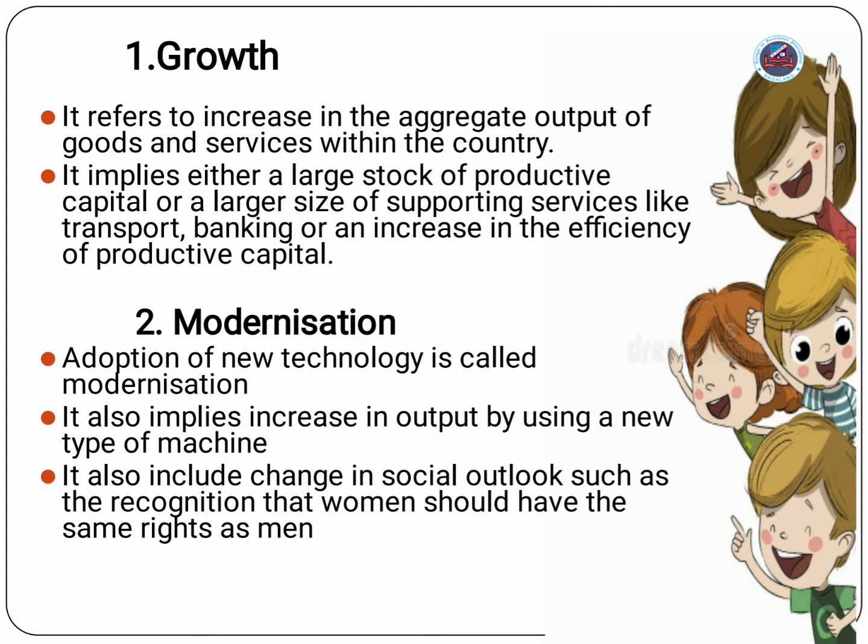However, modernization does not only refer to the use of new technology but also to changes in social outlook. For example, the recognition that women should have the same rights as men. In traditional society, we all know that women are supposed to remain at home while men are at work.